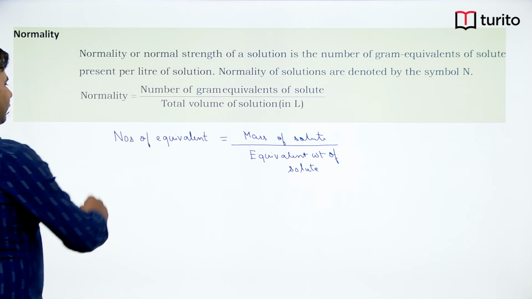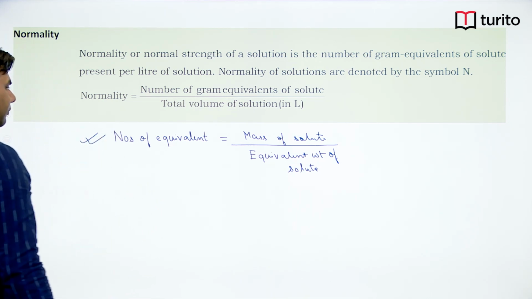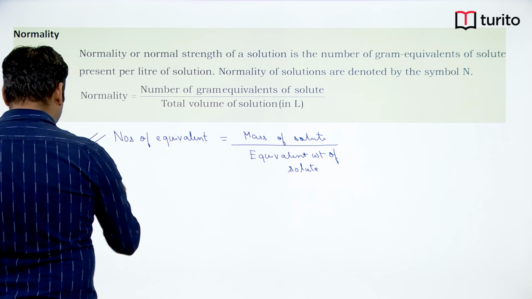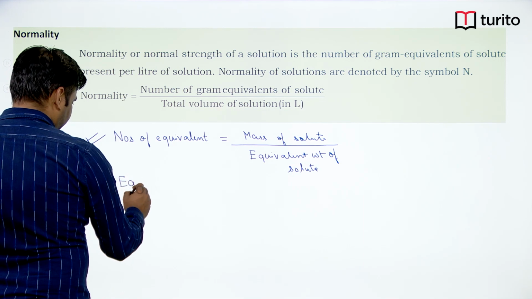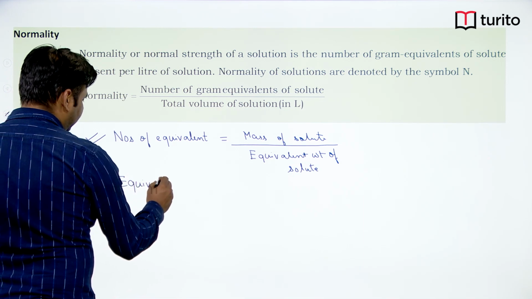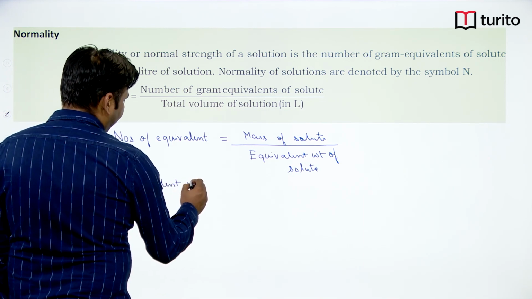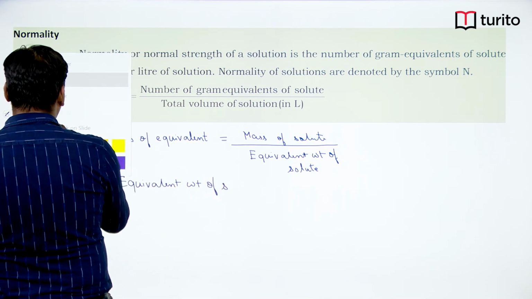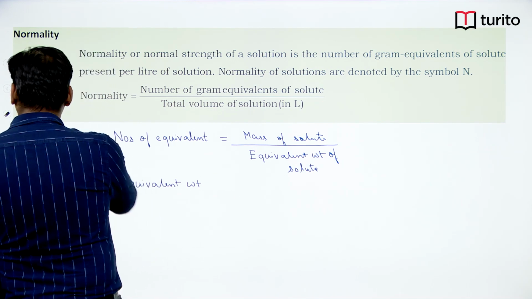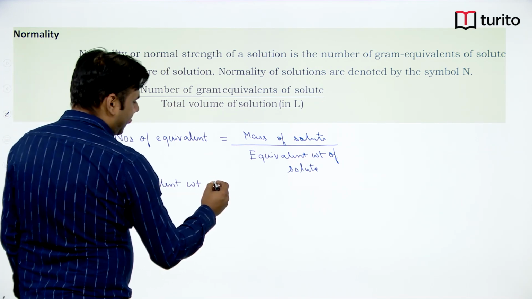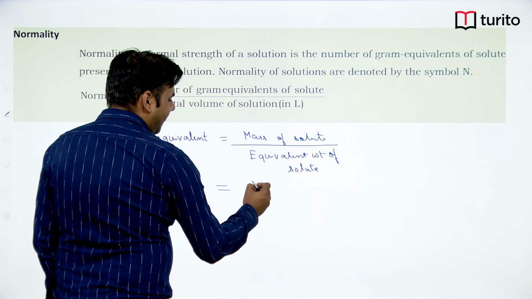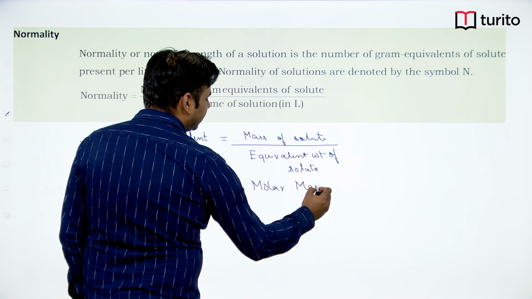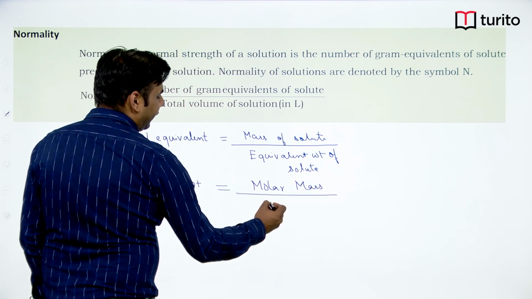Now what is the equivalent weight of solute? The equivalent weight can be written as the molar mass of that substance divided by the n factor.